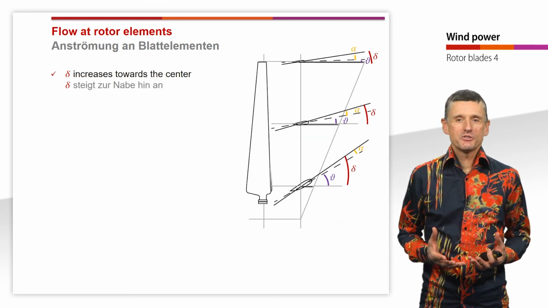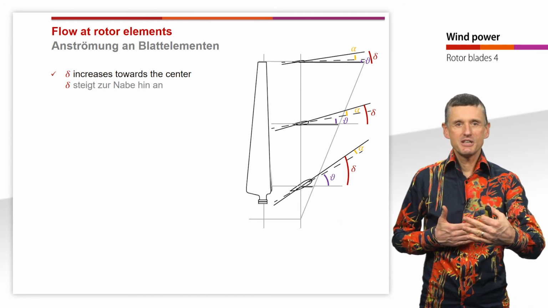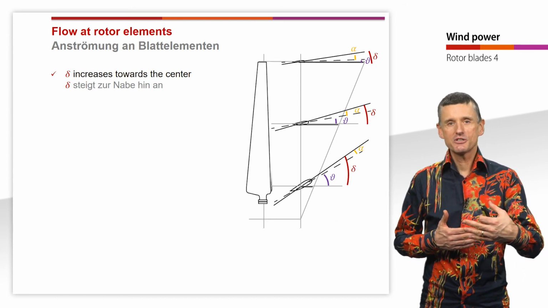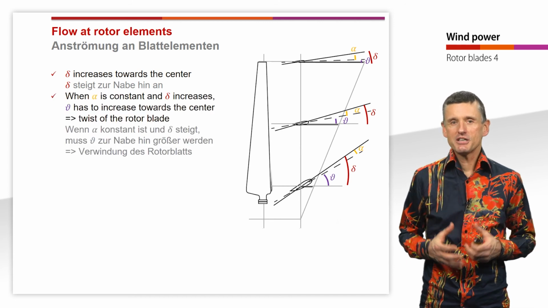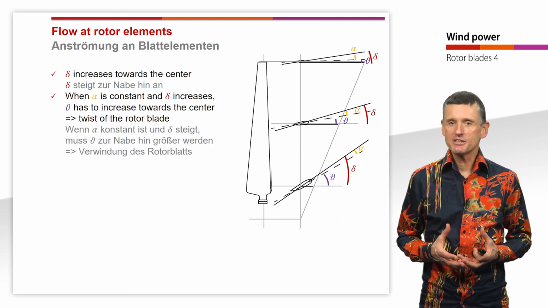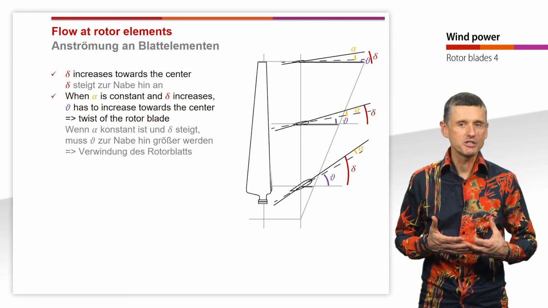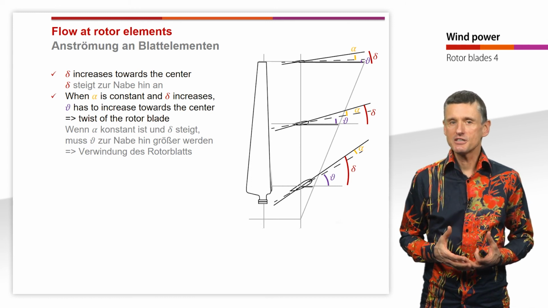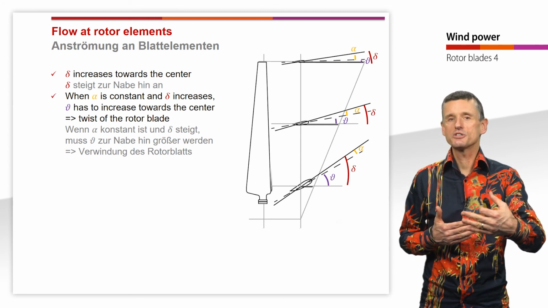And when we consider now again the complete rotor blade, we see that the angle delta is increasing the closer we get to the hub. And when we also take into account that the alpha is constant, because we would like to have equal flow relations at every single blade element, we also can see that the angle theta is also increasing the closer we are getting towards the hub.